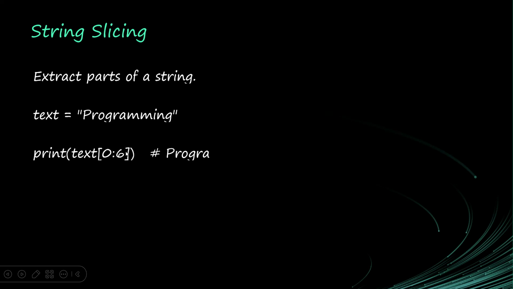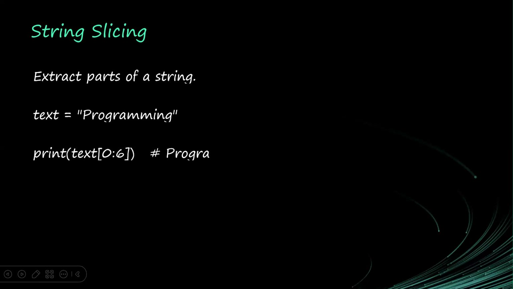Index 6 will not be inclusive, so Python gives me index 0 to index 5. Python will not give me index 6, so it gives me from the first slice to the 5th slice. That is why we have PROGRA.